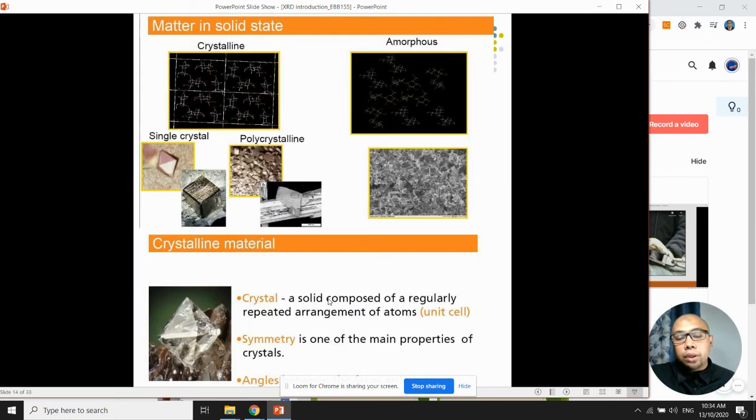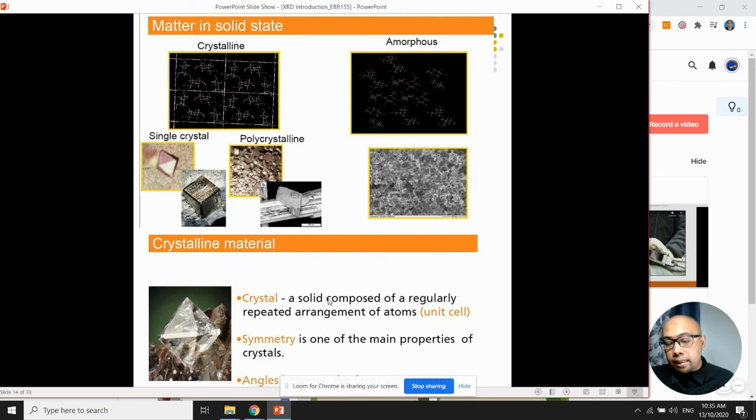Besides crystalline materials, for XRD, I stressed many times in my previous video, even in my instruction, that XRD can be measured only for crystalline materials. In materials engineering research, sometimes researchers use XRD to identify a new advanced material.